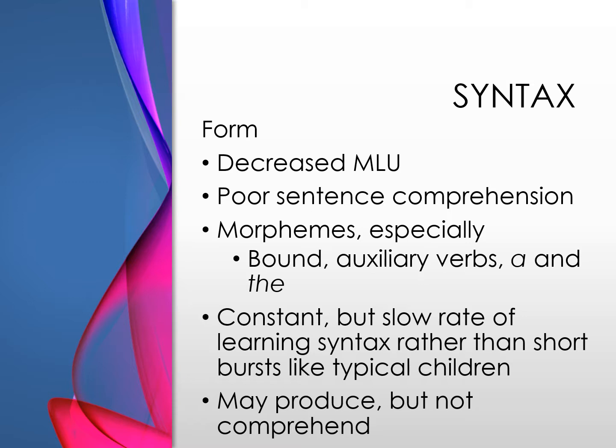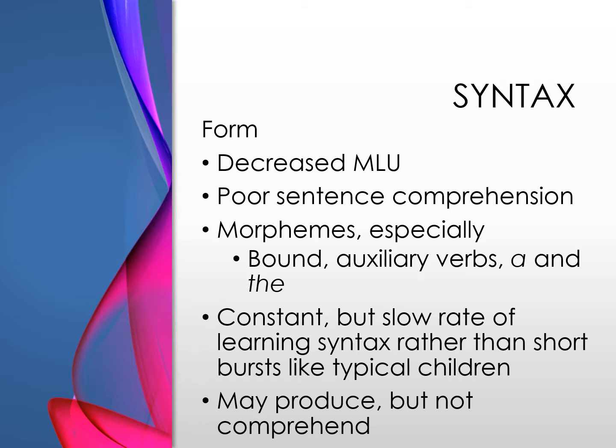The last characteristic is that they might produce something, but may not comprehend what it means. I had a little one come up to me and say, "Why do you have dogs?" And I said, well, I have dogs because I like them to bark when someone's coming, or I like them to sit in my lap, and I like to pet, and I like to talk to them. And then I said to him, why do you have dogs? And he looked at me like he didn't understand what I was saying.